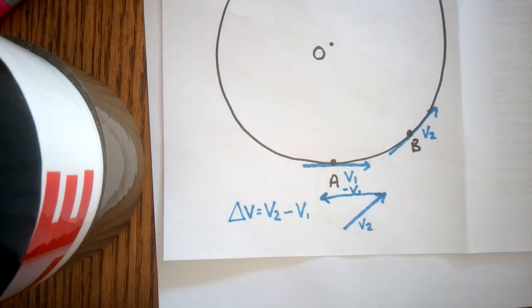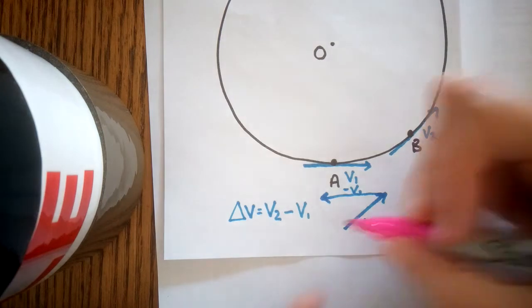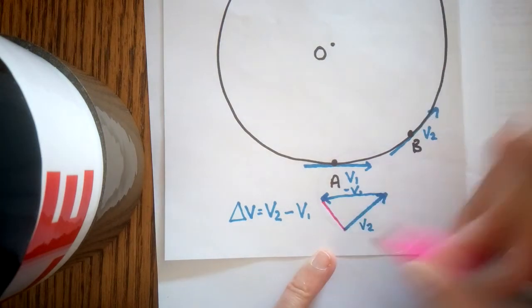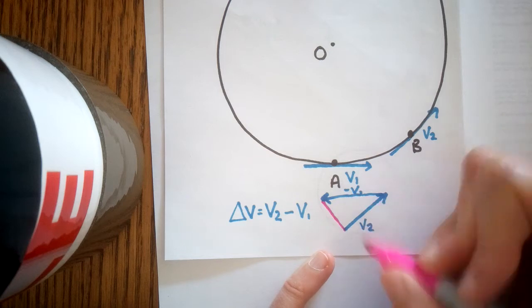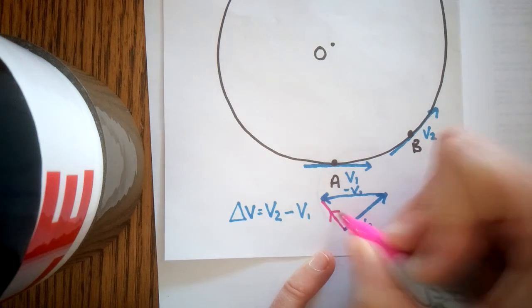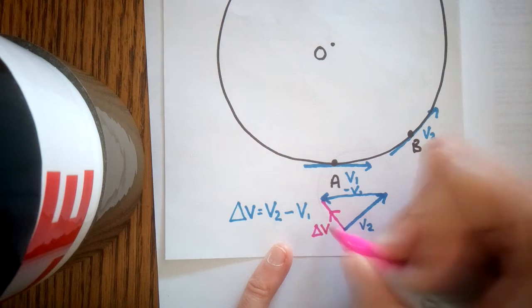And that would give me my resultant vector. Well, it's not really a resultant, is it? Because I suppose I'm adding V2 plus negative V1. That there is going to be my change in velocity.